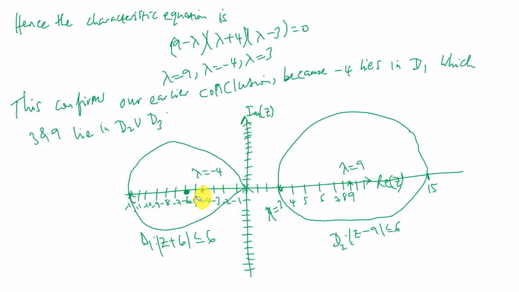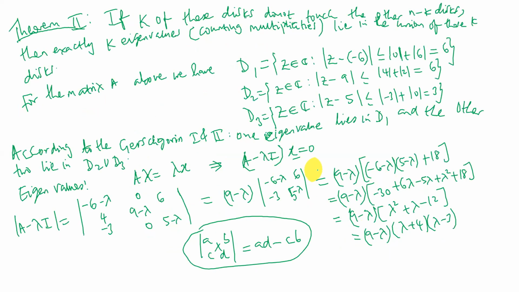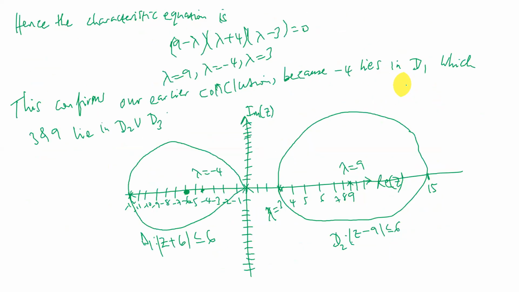Now there's another disk that is the third one. Center 5, z equals 5. We're going to look at 5 on the real axis, and the radius is 3 units. I'm going to make it red, because now everything is blue, and I'm going to have so much confusion here.